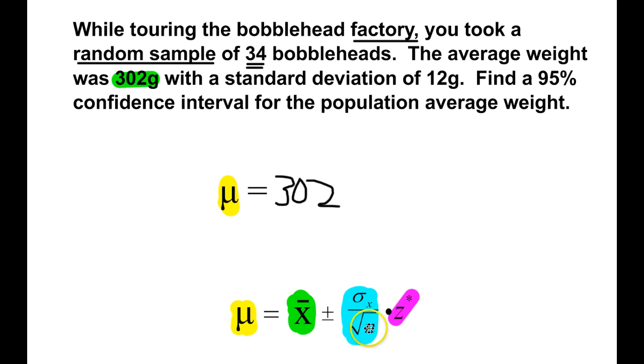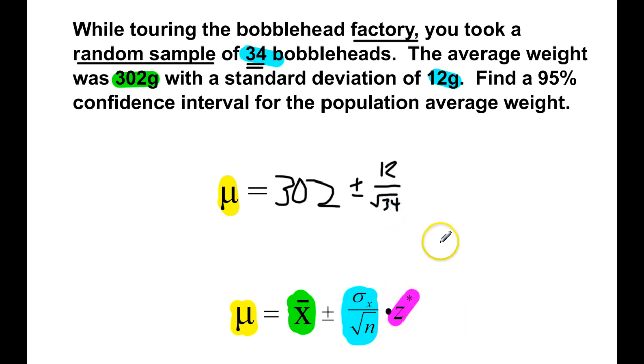From there, we need to figure out our margin of error. And to do that, we look at our new standard deviation, which is going to be our original standard deviation of 12 divided by the square root of our sample size. So if we take this plus or minus, we're going to have 12 on top over the square root of our sample size of 34.